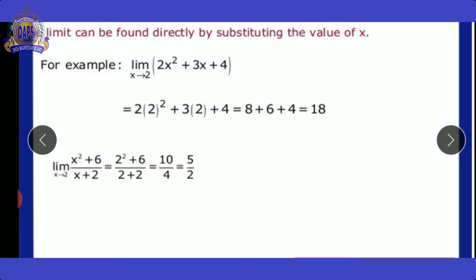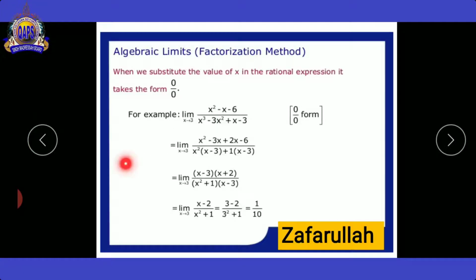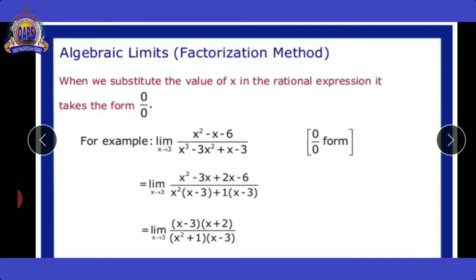Now 2 squared is 4, 4 plus 6 is equal to 10, upon 2 plus 2 is equal to 4. Now the result will become 5 upon 2. This is a finite digit, that's why this limit exists.